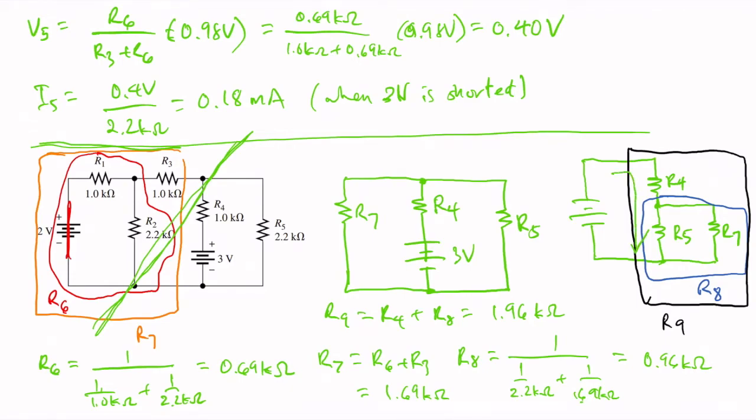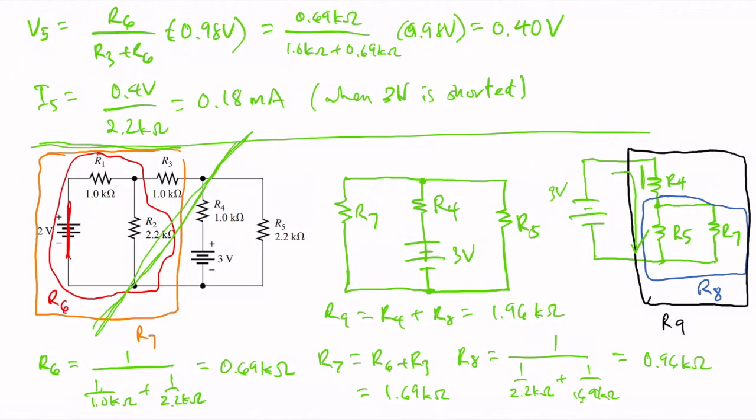So the current going through R4 and R8 is 3 volts divided by R4 plus R8. Let's call that I4. So I4 is equal to 3 volts divided by 1 kilo ohm plus 0.96 kilo ohms.